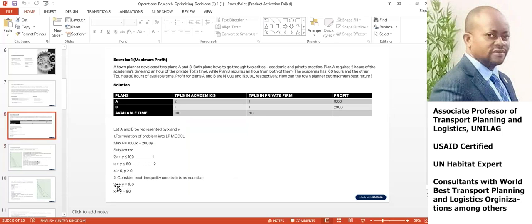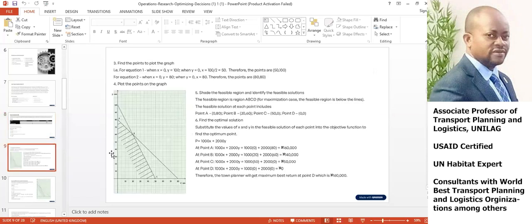When x is 0, do you agree with me that y equals 100? Because when x is 0, 2 times 0 is 0. Yes, y equals 100. Thank you. When x is 0, y equals 100.